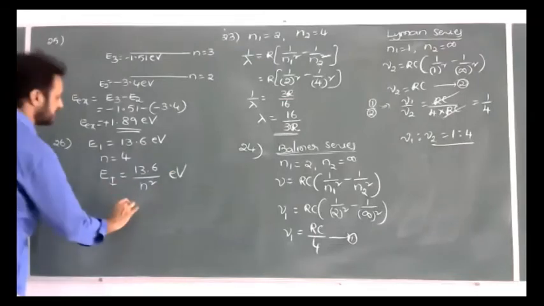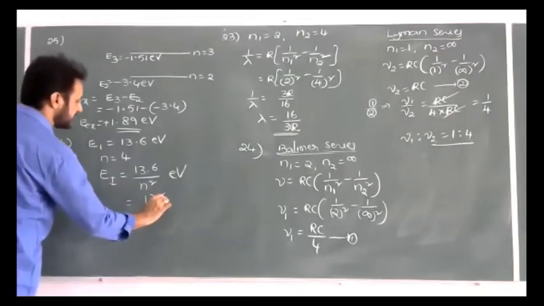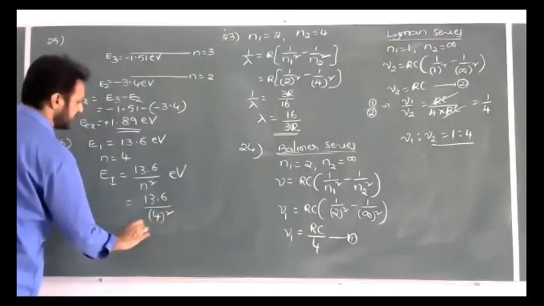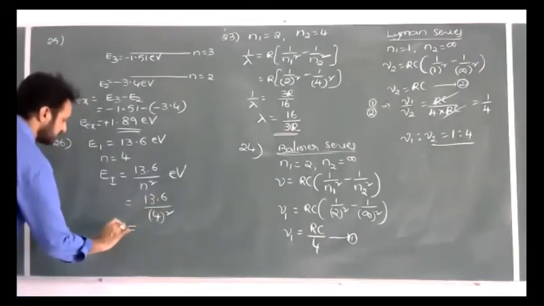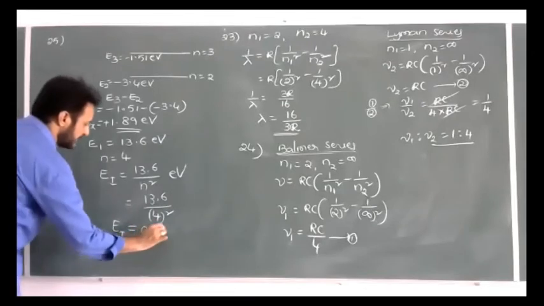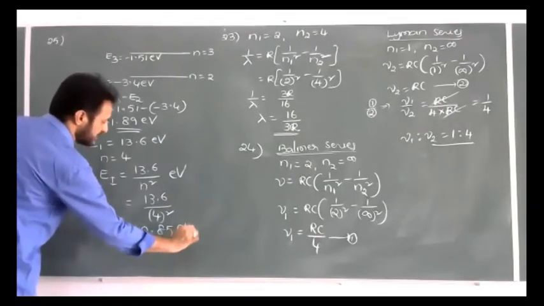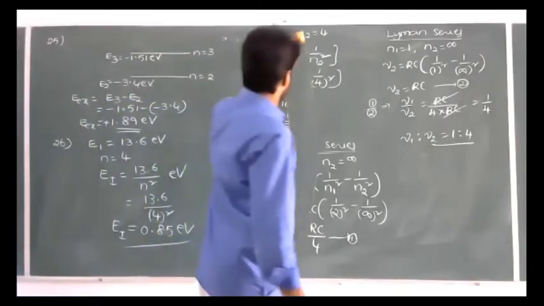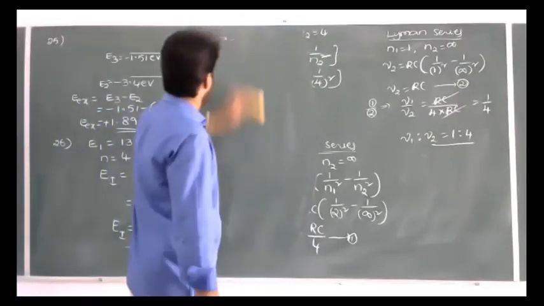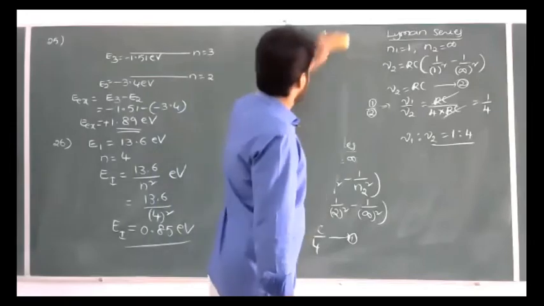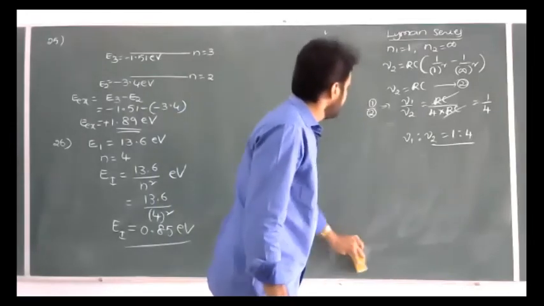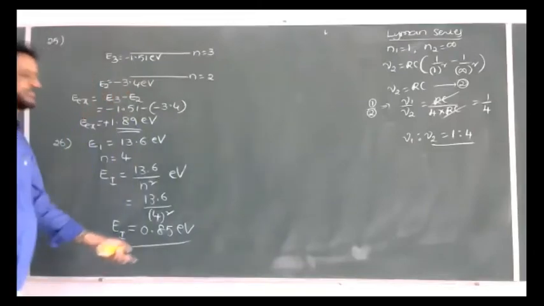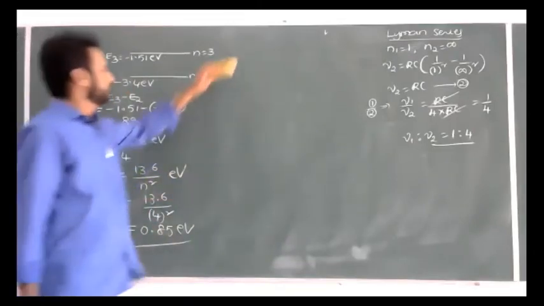Now divide this value by 4 square. 13.6 by 4 square means 13.6 by 16, so 0.85 electron volt is required. When the electron is in the fourth orbit of a hydrogen atom, it has energy minus 0.85. If you want to remove the electron, we need to supply plus 0.85. That's the answer.